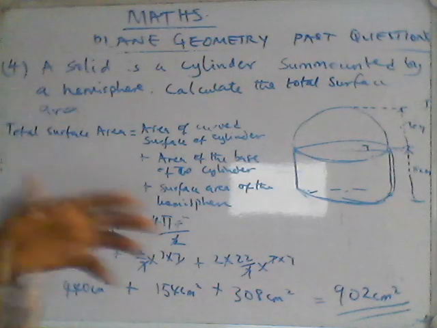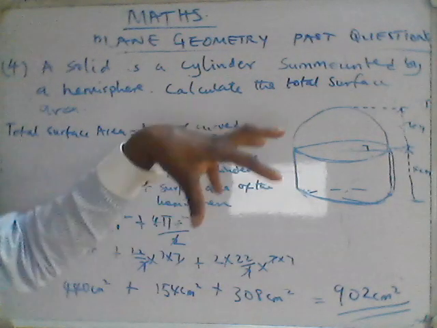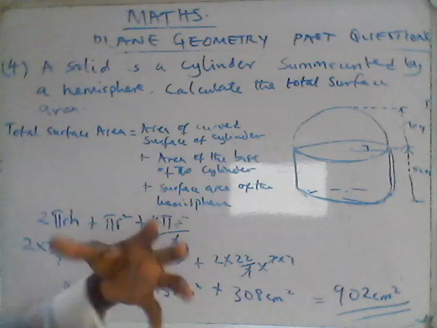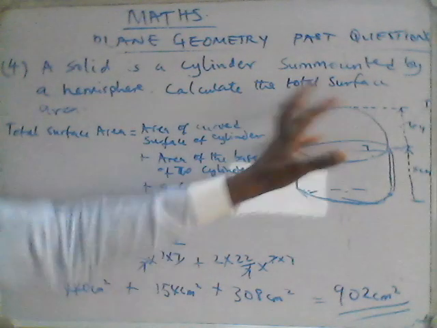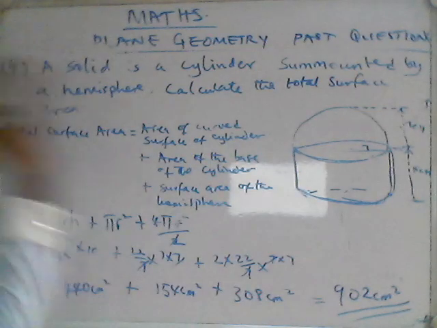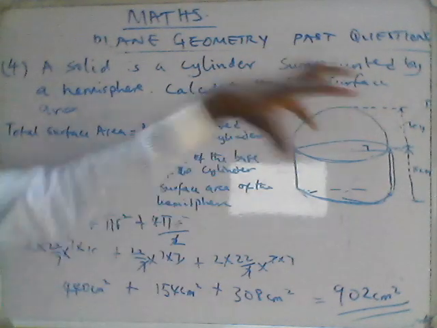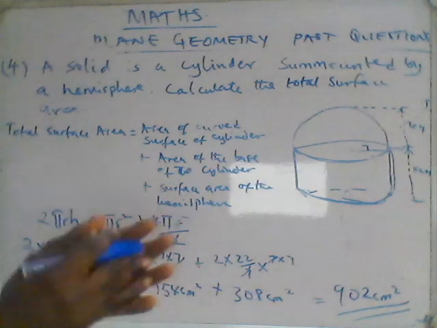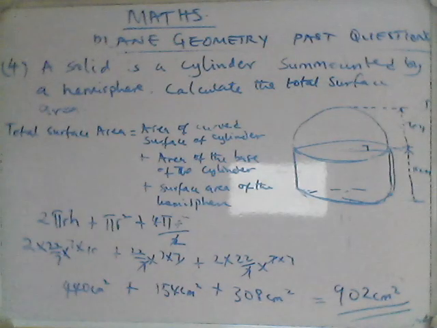Most of the complex shapes they bring are derived from joining or adding up these basic shapes. So if you can defragment them in your mind, find the area of all the components and sum them together, you'll get the answer. So let's go to the last one for this video.